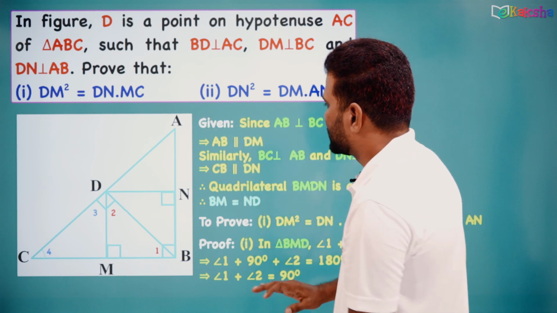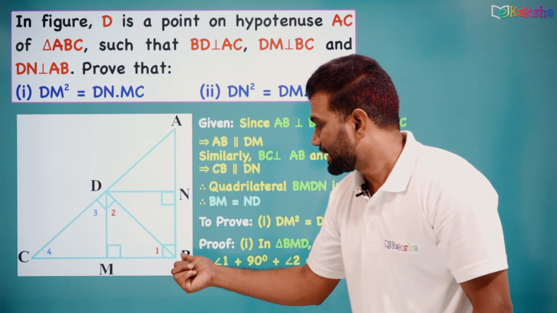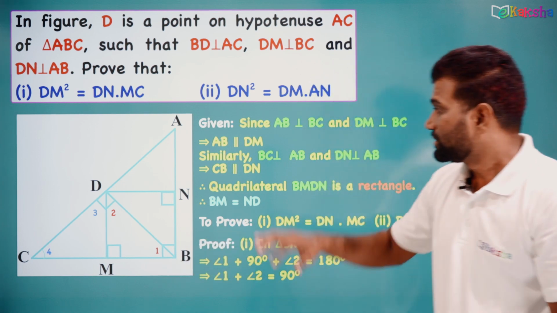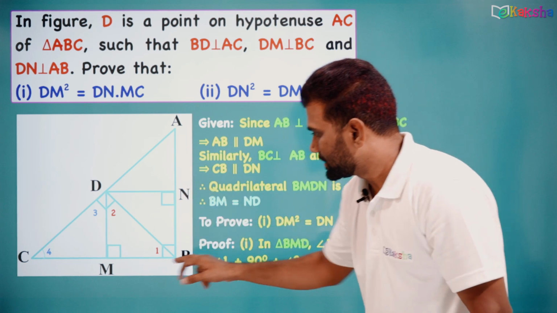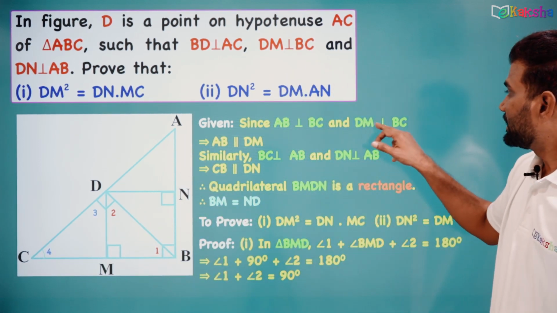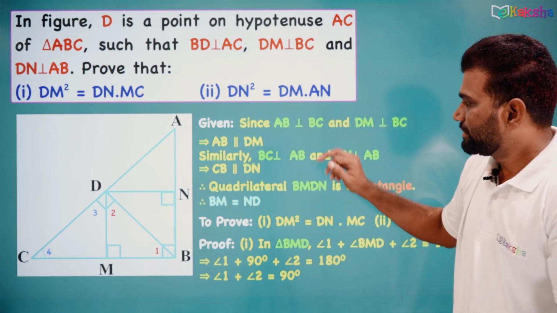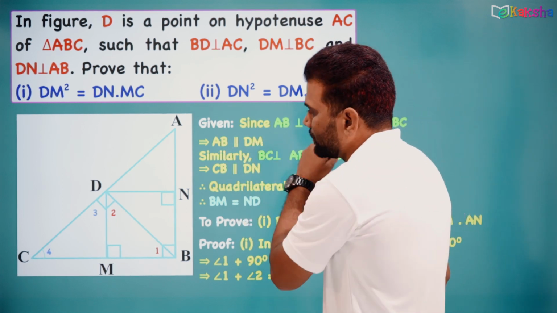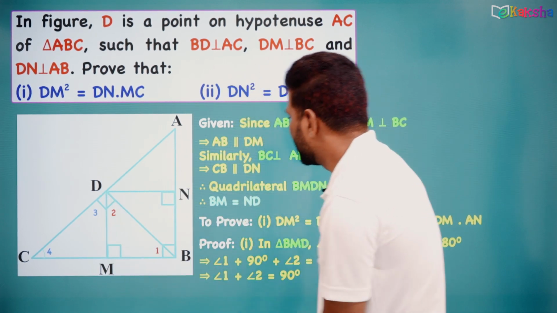So for this we also know ABC is a right angle triangle, right angle at B. So given AB perpendicular to BC, since this is perpendicular to this, it is a right angle triangle, right angle at B, and DM perpendicular to BC, which is given. So from this we can say AB parallel to DM, right?